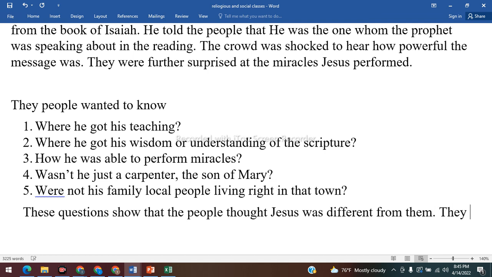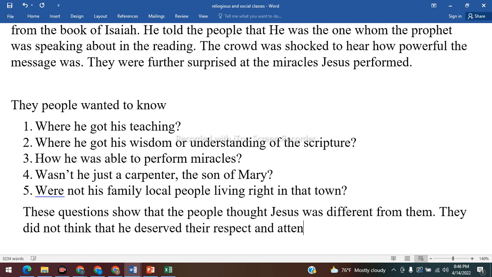They did not think that he deserved their respect and attention.